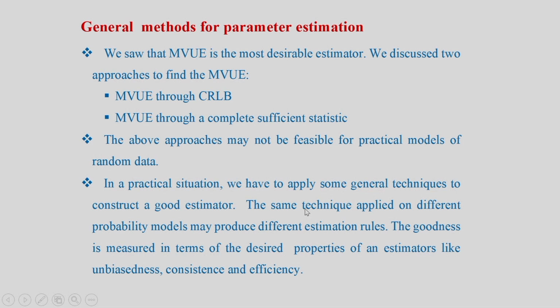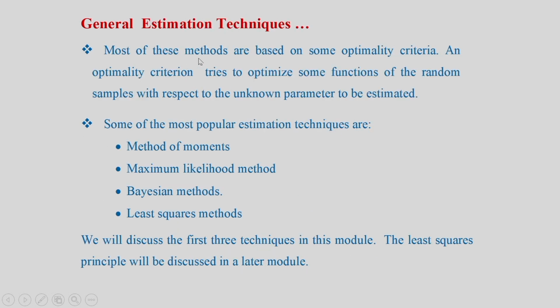The same technique applied on different probability models may produce different estimation rules. The goodness of an estimator is measured in terms of the desired properties of an estimator like unbiasedness, consistency and efficiency. Most of these methods are based on some optimality criteria.